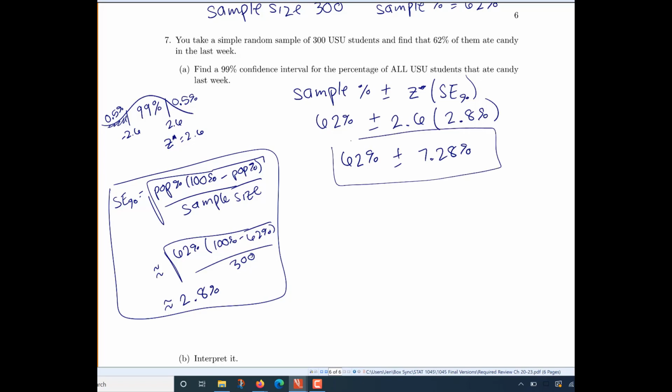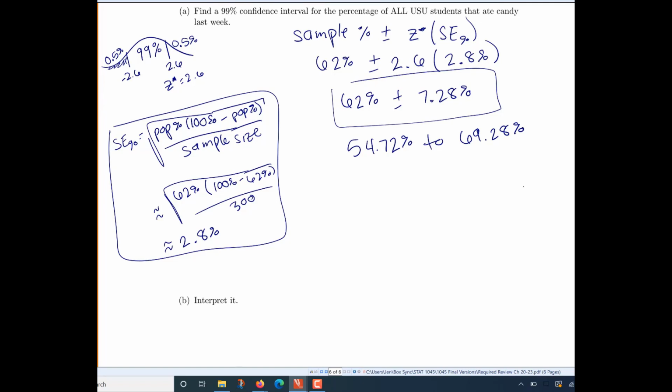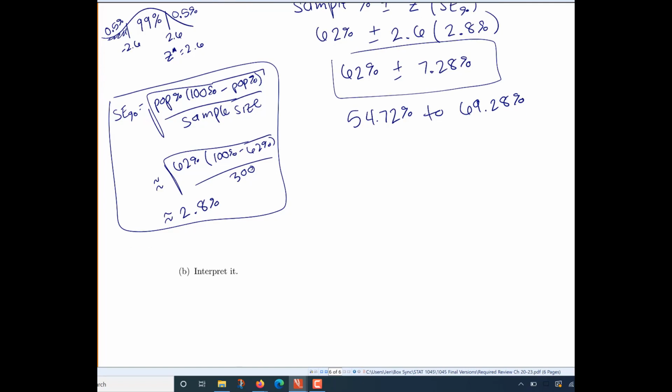Again, on the exam, she'll probably just leave it like that, but let's go ahead and finish it. 62 minus 7.28 is 54.72%, and if I add it, I get 69.28%. Now let's interpret it.